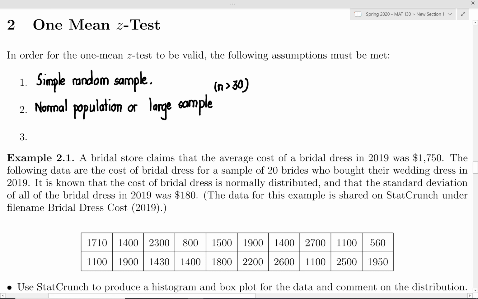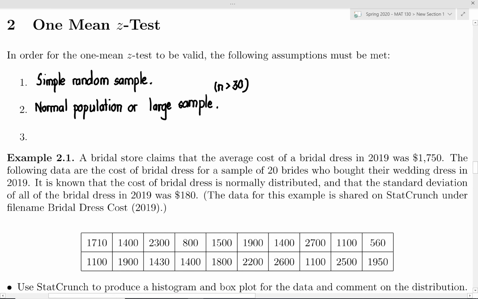Really, we want this because we want our sampling distribution to be approximately normal. And remember, by the central limit theorem, the sampling distribution of the sample mean is approximately normal for large enough sample sizes, or if the population is normal.